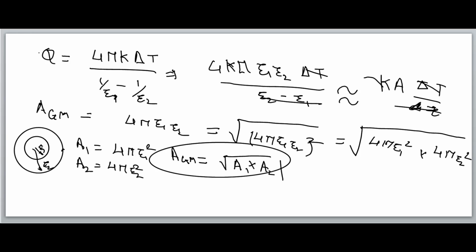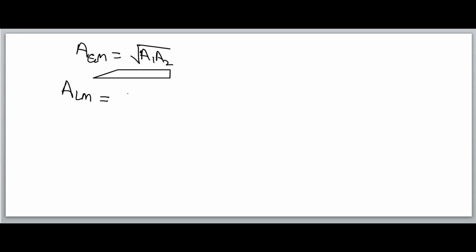So the mean area in case of a spherical surface is a geometric mean, because it is the geometric mean of the inner surface and outer surface area. And the log mean area comes from our cylindrical surface.